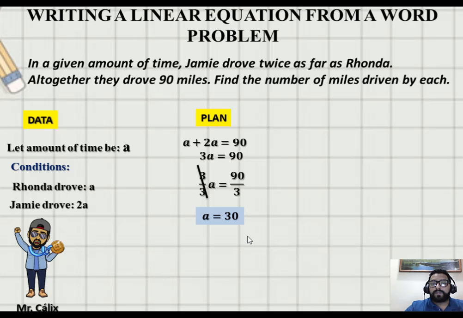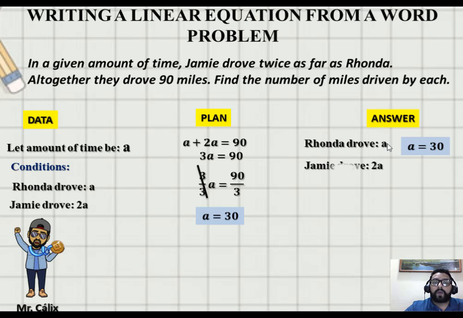30 miles in this case, and then we are going to answer our question and use our conditions to solve it. Rhonda drove 30 miles. Then Jamie drove twice as far as Rhonda, or 2 times the quantity of Rhonda. In this case, it's going to be 2 times A, which is 2 times 30 equals 60.